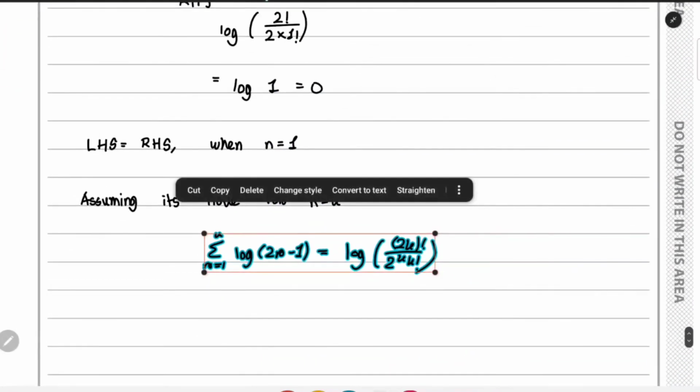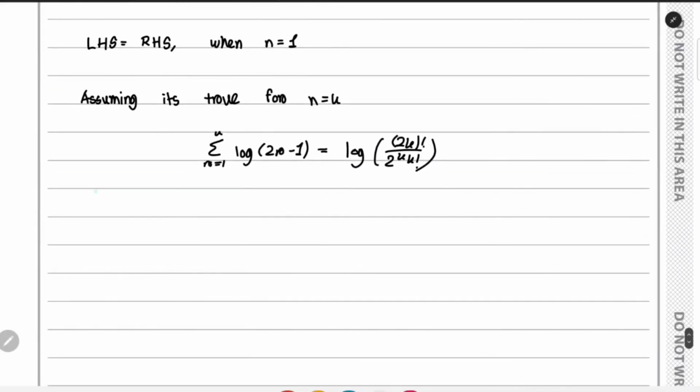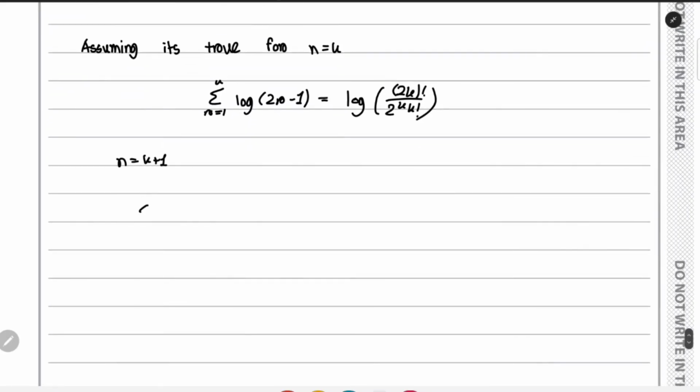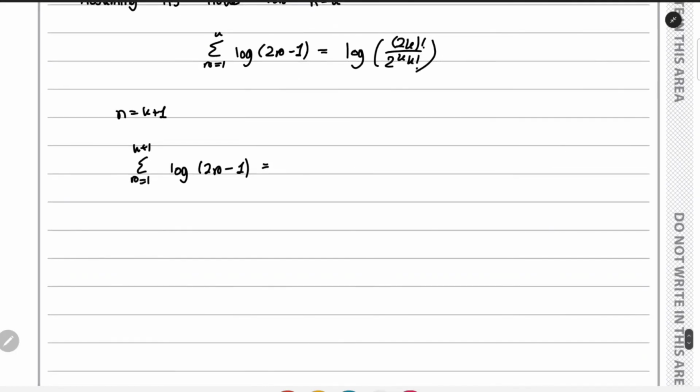Now for n equals to k plus 1, the summation will be the summation of this, so up to k, and then we'll add the k plus 1th term, so log 2k factorial divided by 2 to the power k times k factorial plus the k plus 1th term, which is log 2 times k plus 1 minus 1.